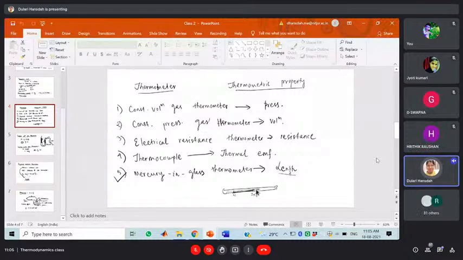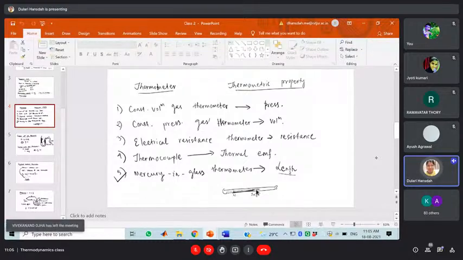Here you can see the mercury in glass thermometer. The thermometric property is length. Due to the change in length of the liquid column, we get the measurement of temperature.